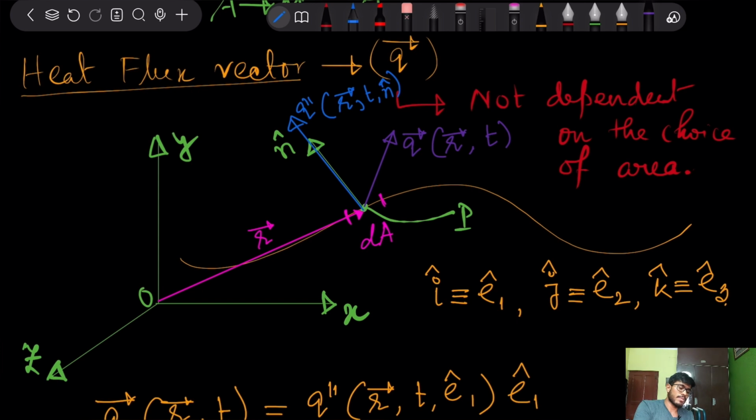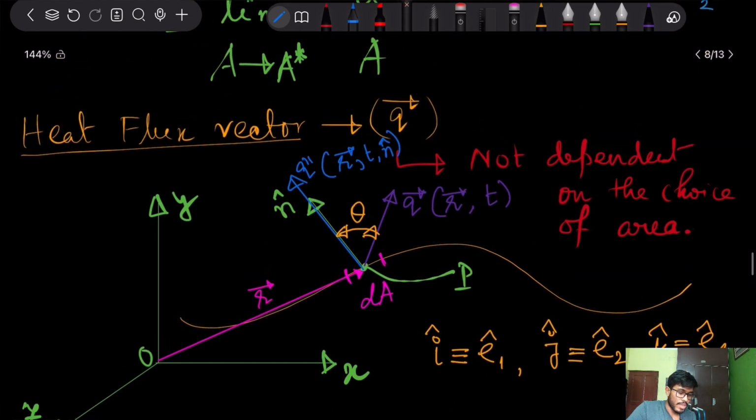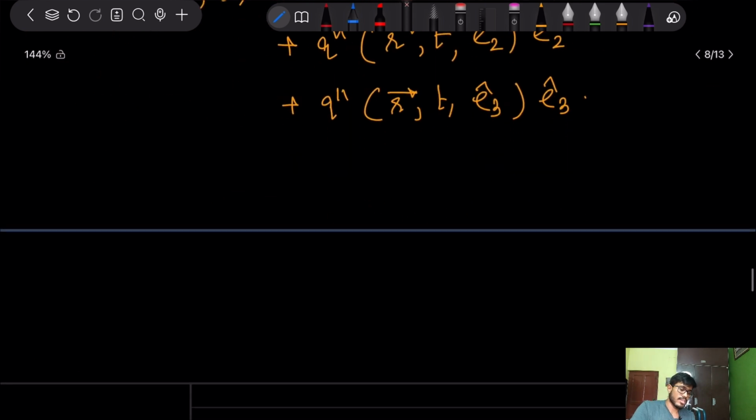So if the angle between them is theta, you can see from here that q double prime is equal to mod of q bar into cos theta, right?